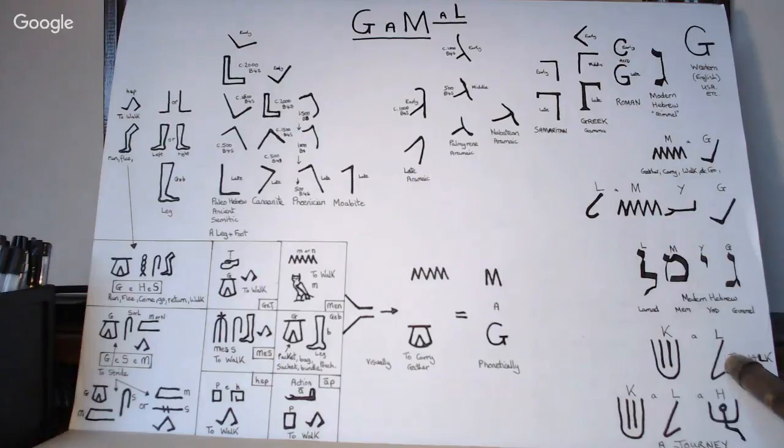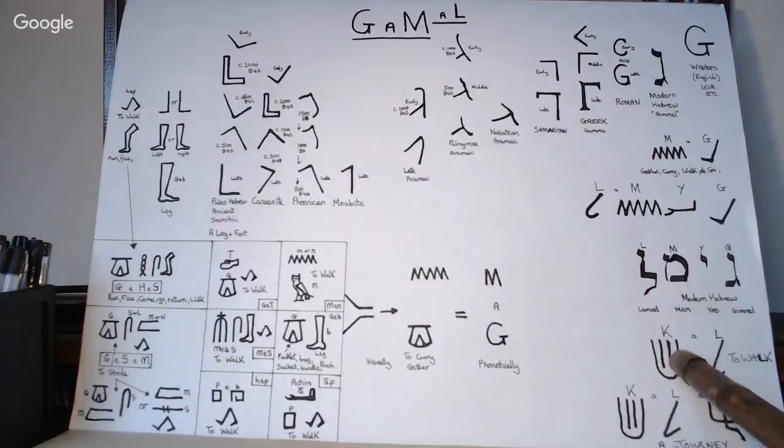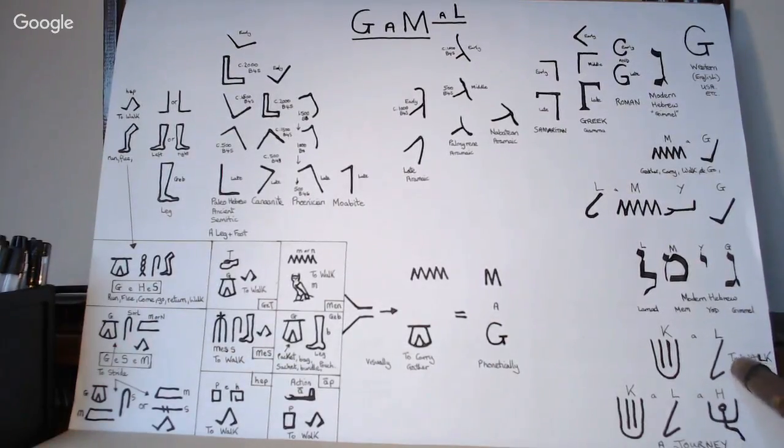As you walk with your legs, your body making you move across the land, you held the shepherd's staff with your hand. This K represents an open hand, the palm of your hand. So you held the staff with the palm of your hand when you're walking, climbing, walking up a sand dune, walking across the riverside, walking through the town.